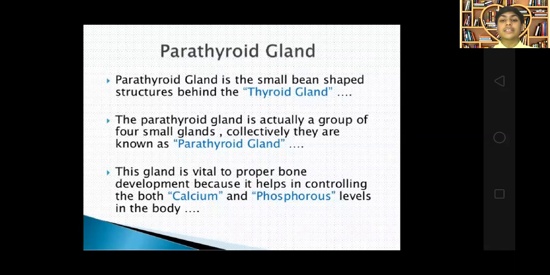They are a group of small glands. These glands are vital to proper bone development because they help in controlling both calcium as well as phosphorus. We can say it controls PC. It's not a personal computer. It means phosphorus and calcium levels in the body.